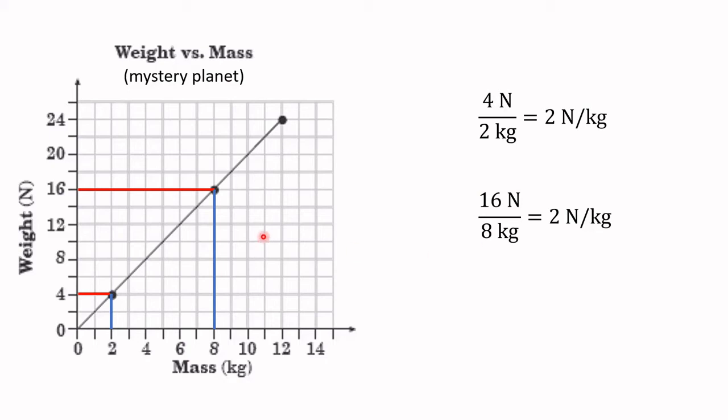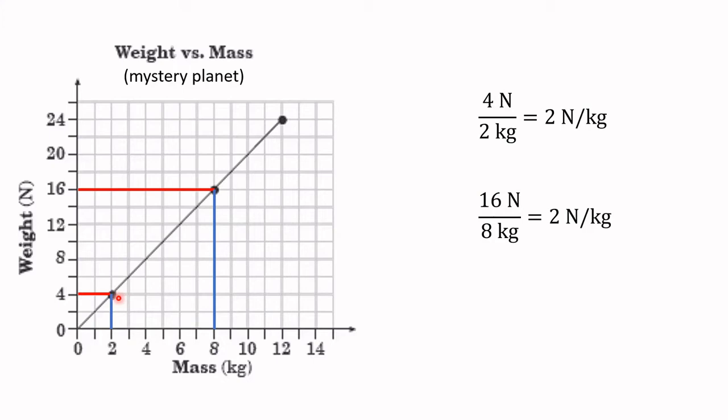And once again, 16 is the height of this bar, that's the rise, and 8 kilograms is the run. That would be the same as this red line here. So we can also compute the slope of this line from the origin to here, and we get the same number. Obviously, right? Because that's a defining characteristic of a line.